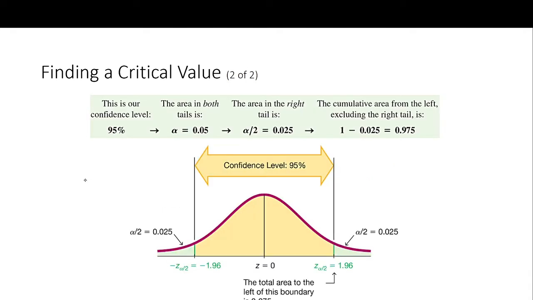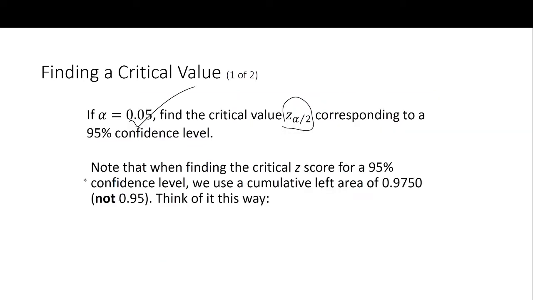So for finding the value of z for 2.5%, how do you do that? You find the critical value of the z-score. Here alpha is 5%, so alpha over 2 is 2.5%. The meaning of this is the area under the curve to the right of this z-score is 2.5%, which is 0.025.